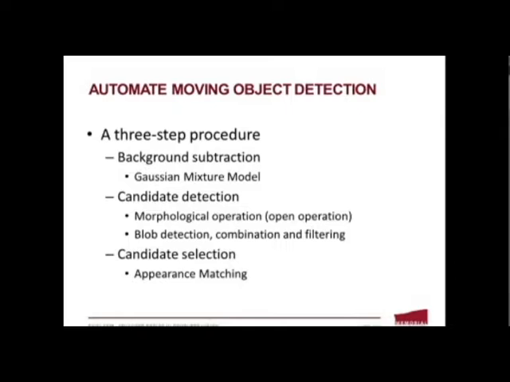And then, we detect the candidate by first processing a morphological operation. This operation will eliminate most of the noise. And then we detect the blob and combine some blobs and finally filter the blobs.